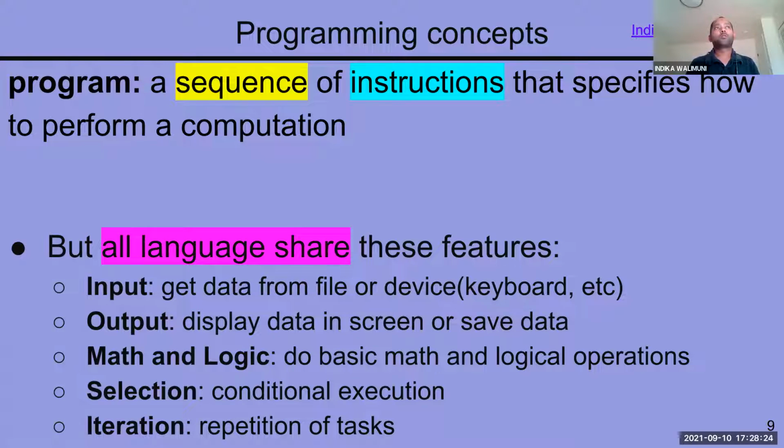Iteration. Well, in fact, this is the most profound thing computers do for us. Computers are way faster than humans, right? For a single task, a human takes at least 0.01 second, while the CPU can do it in probably one millionth of a second.